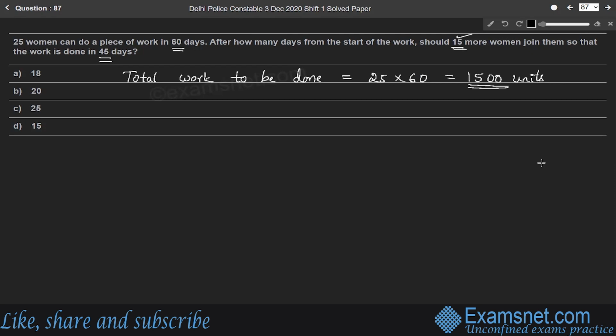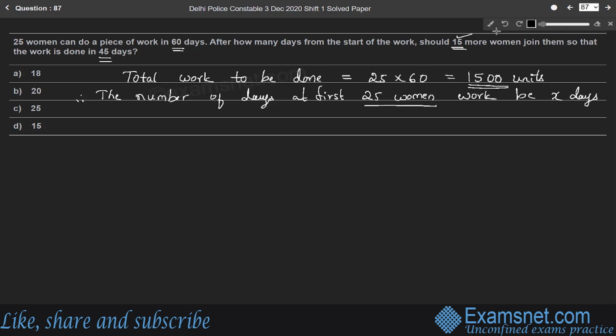Therefore, let the number of days that 25 women work at first be X days. For a few days only 25 women will work. After that 15 more women will join.